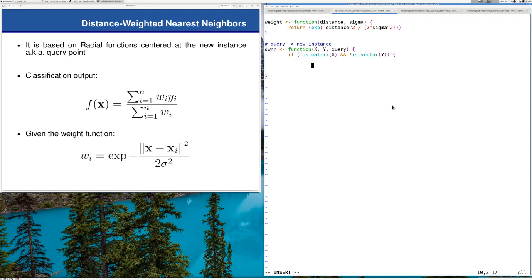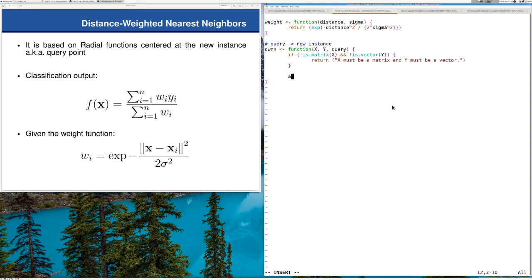I will just return something like "X must be a matrix, and Y must be a vector." Okay, just to make it simpler, just to ensure the data types are not going to bring bad influences.